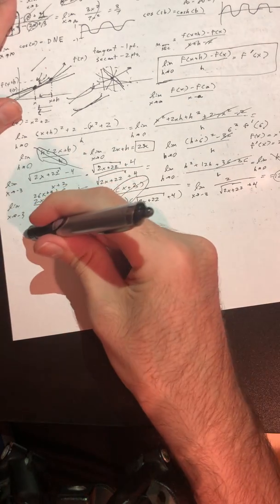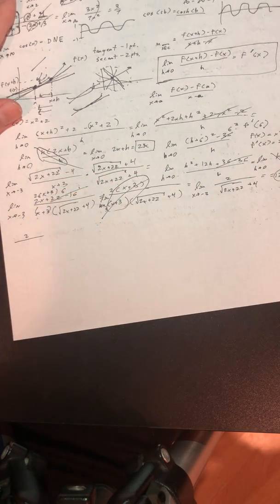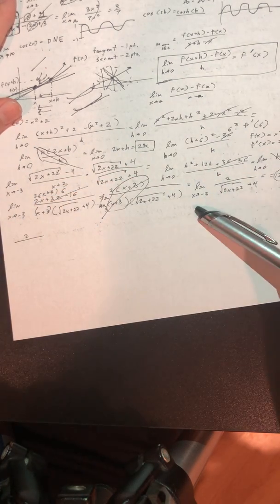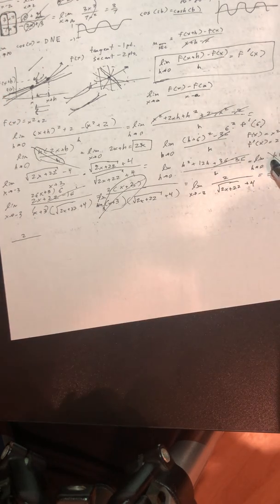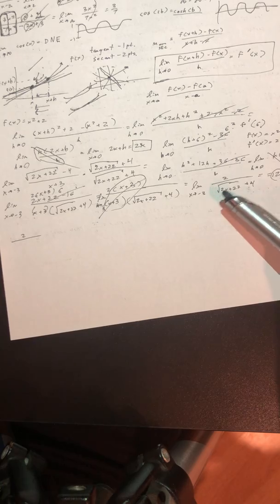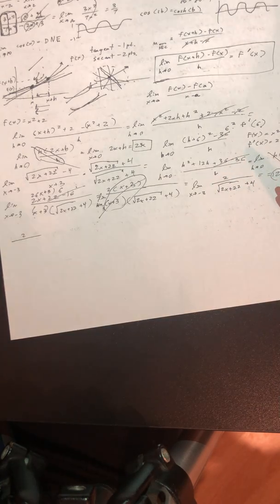We get 2 over the square root of negative 3 times 2, which is negative 6, plus 22, which is 16.